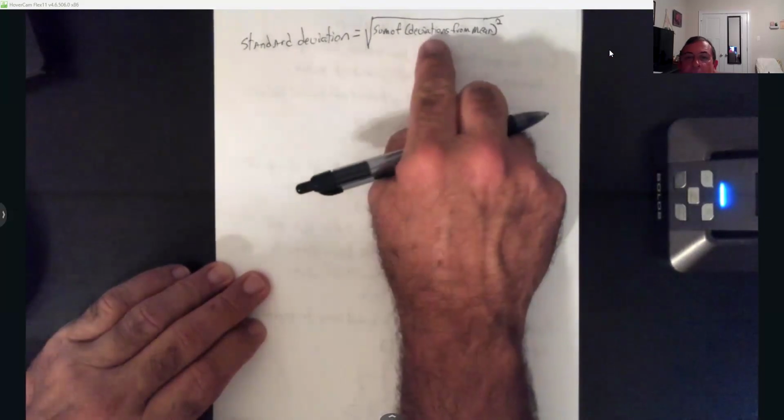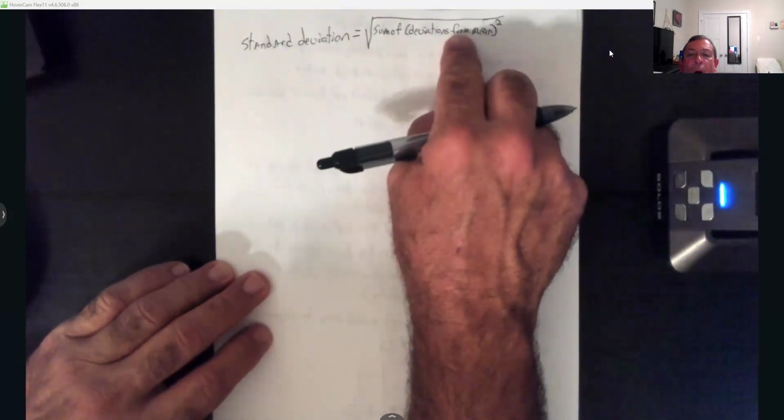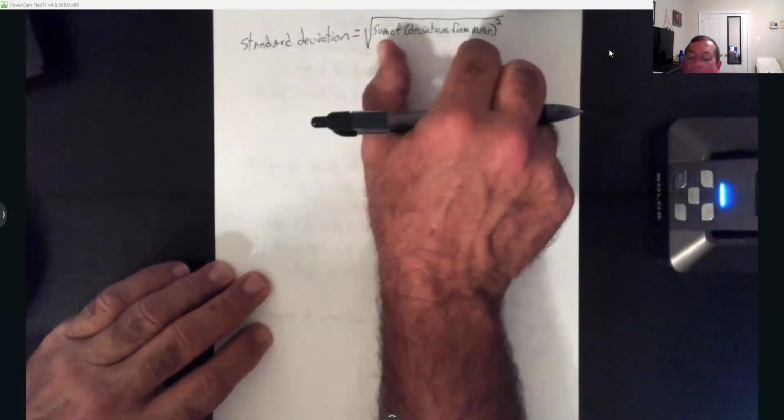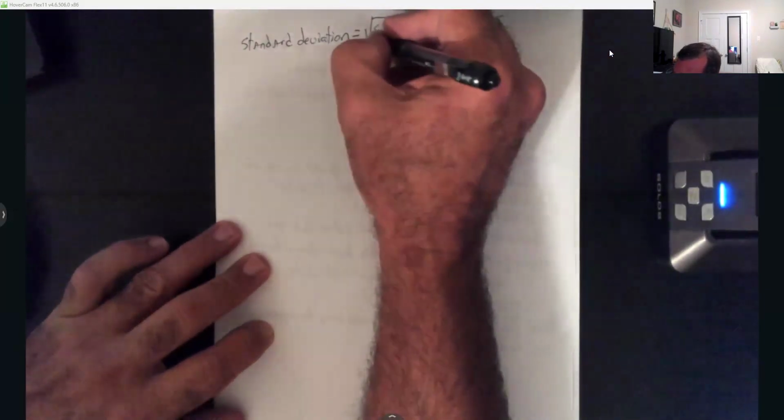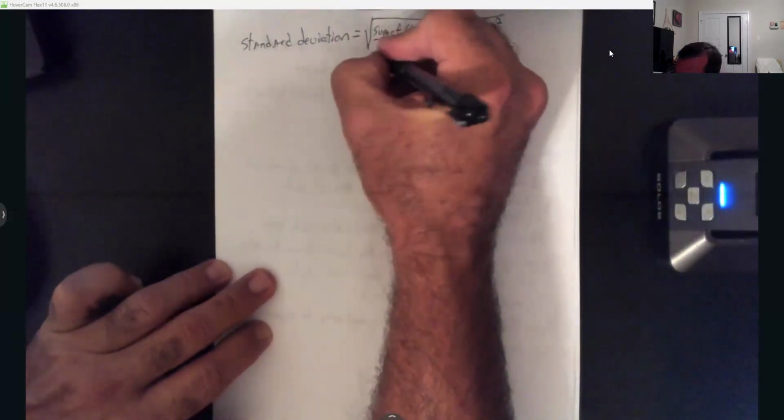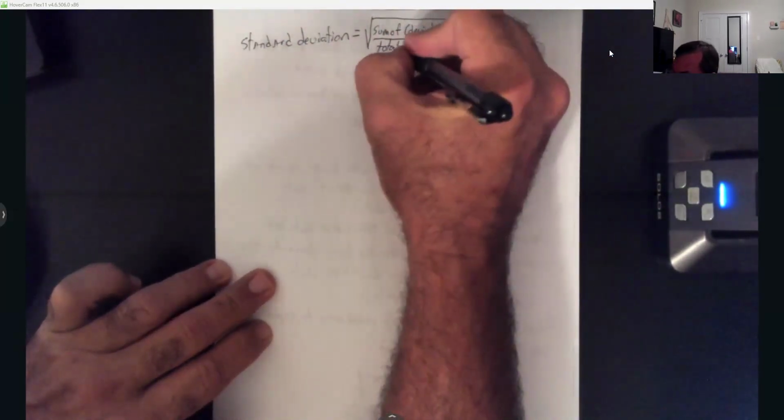So you find all these deviations, then you're squaring them all. Once you got them all squared, you're going to add them together. That's what that is. And then that is divided by the total data values minus 1.